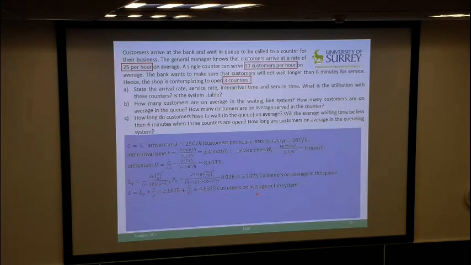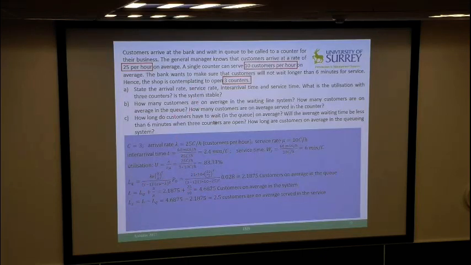And this is the total customers in the whole system. You can easily substitute from L and LQ to find the average customers in service, 2.5 customers in service. Okay, so this is for the number of customers.